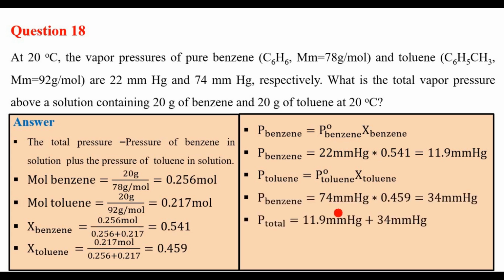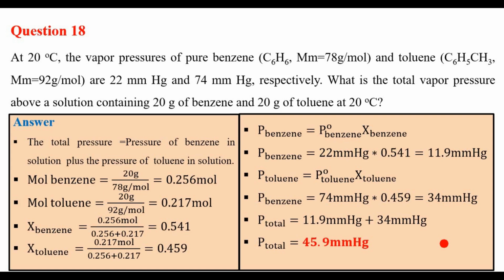Then for the total vapor pressure, we need to add them. Then we get 45.9 mm mercury as the total pressure that they are asking. That was question 18. That means we calculate the vapor pressure of the solution for benzene and for toluene, then we add them as the total pressure.